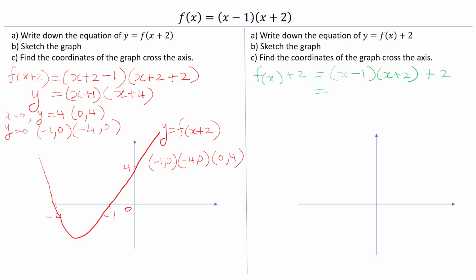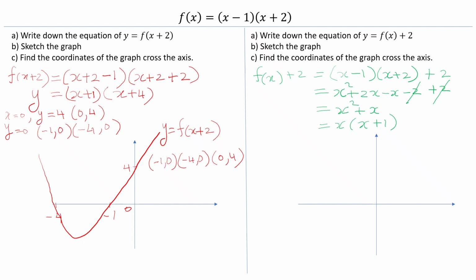So x is not going to change here. Now expand this bracket: x squared plus 2x minus x minus 2 plus 2. You can simplify: x squared plus 2x minus x is plus x, and minus 2 plus 2 cancel. If you want, you can factorize: x times (x plus 1).